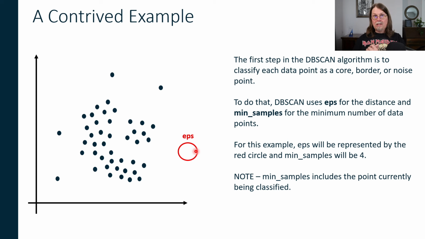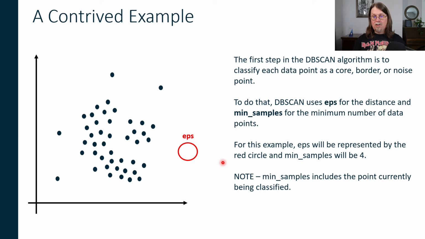For this particular contrived example, we're also going to set min samples to be 4. So the EPS circle needs to touch or encompass 4 or more data points for a particular data point to be considered core.